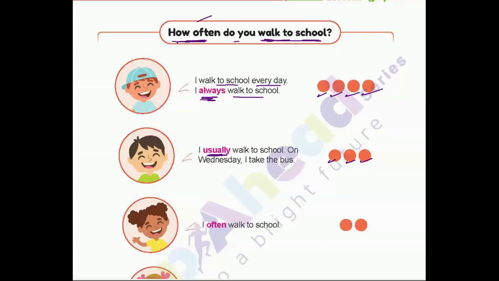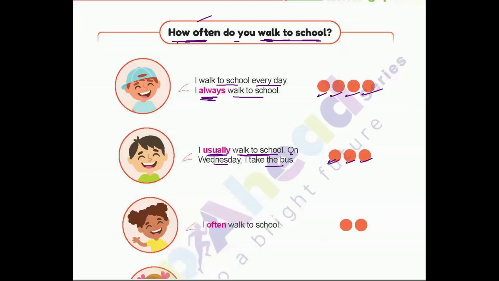I usually walk to school. On Wednesday, I take the bus. So I have only one day of the week I stop doing the same action, walking to school. So if I do this action, for example, 6 days of the week, but one day I don't do that, I can use usually.